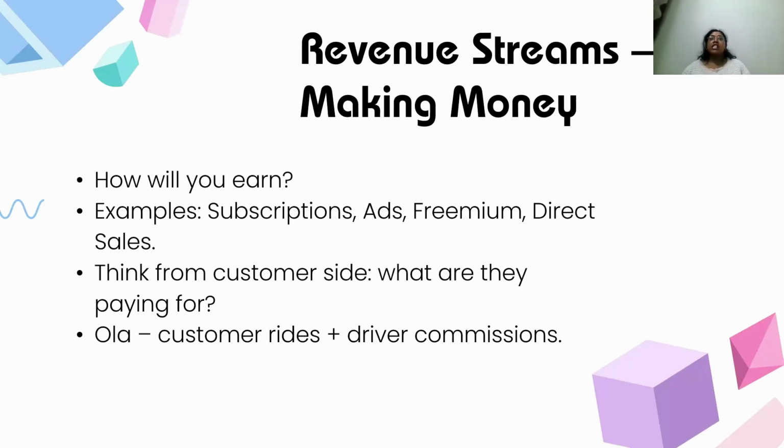ठीक है? जैसे अगर मैं Ola हूँ, there are two ways of my revenue stream. One, money from the customer rides, and the other, money from the driver commissions. Now, the third way Ola has started earning money is through what? By playing ads of different brands.